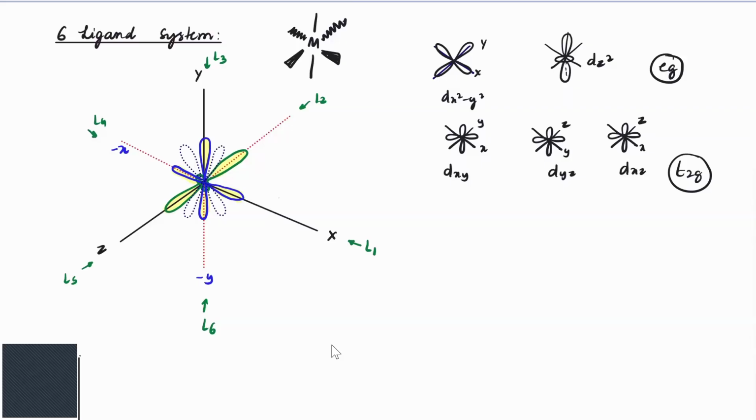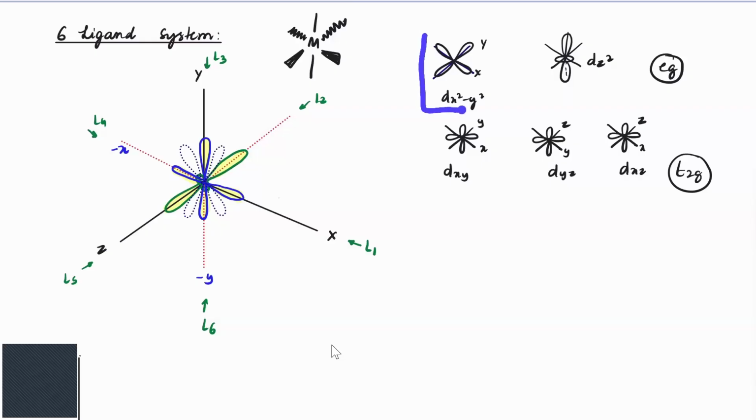Imagine all 6 ligands approach the metal this way. Then the d orbitals which are aligned along the axis, if those orbitals are being repelled by ligands, their potential energy will rise to a larger extent.